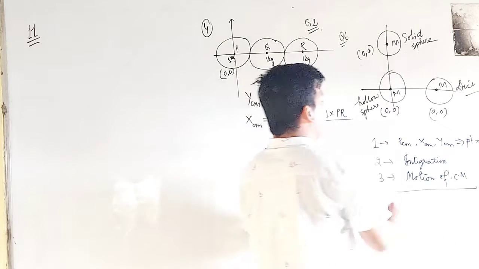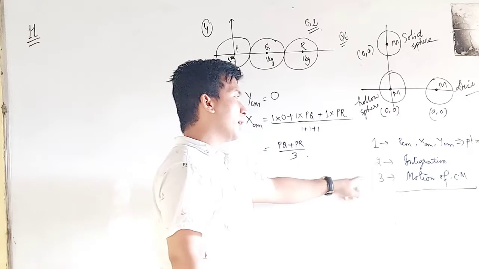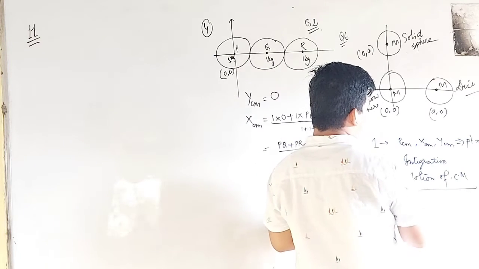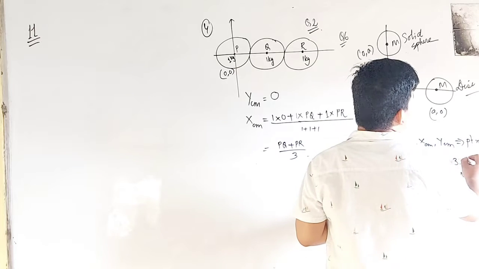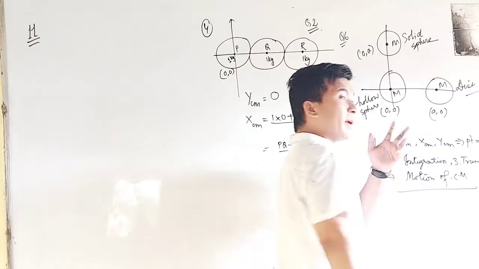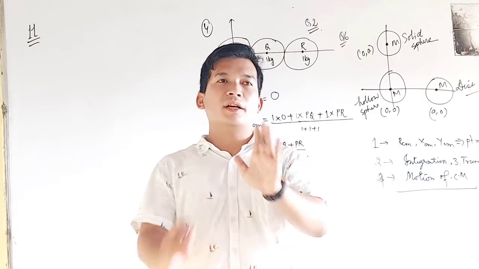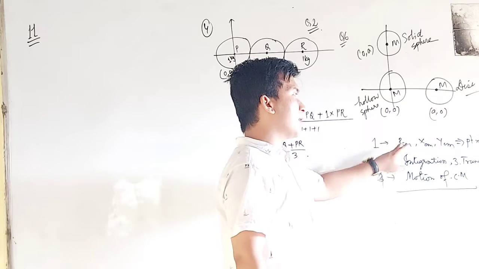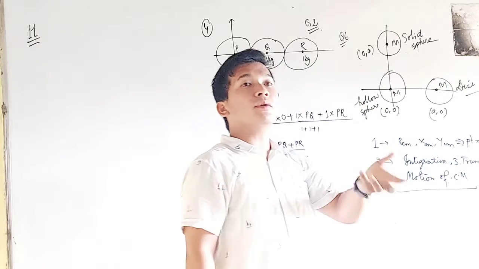We will be discussing 3 different types of question for the time being. Number 3, truncated objects. Basically, there will be only 4 types of question. Number 1 is based on your rcm, xcm, that is, questions based on your point masses.